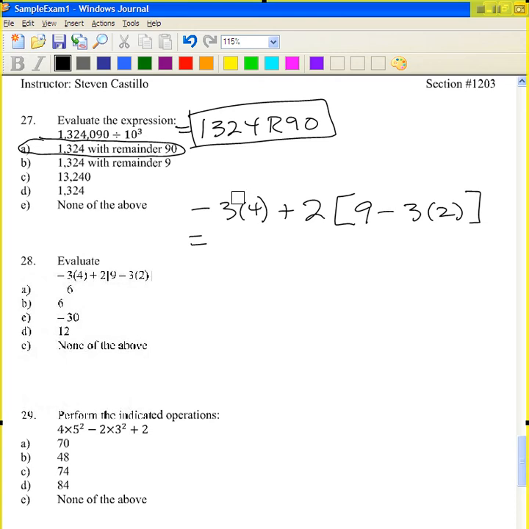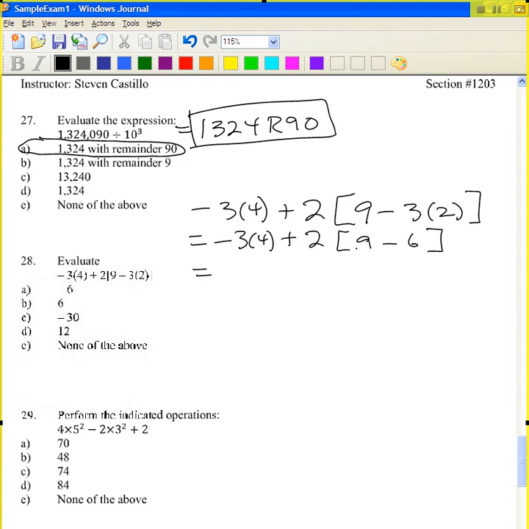So multiplication, addition, multiplication, parentheses, subtraction, multiplication. So let's do what's inside the parentheses first. There's only one parentheses actually. And so I have subtraction, multiplication. Let me do the multiplication first.